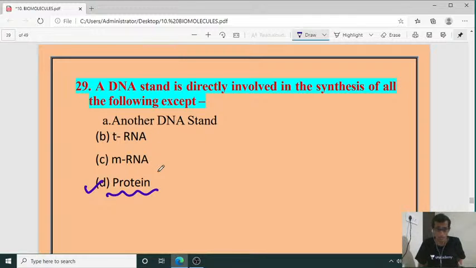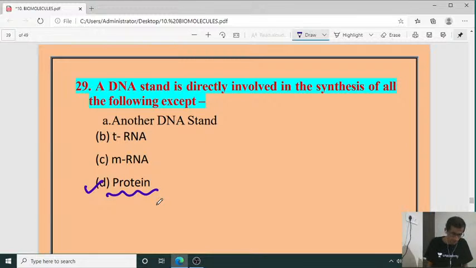Transcription gives the RNA from DNA, and protein is made from RNA. So direct involvement of DNA is not there in protein synthesis. It is indirectly involved in the form of mRNA. So for question number 29, the right answer is D. If you have any doubt, you can ask.